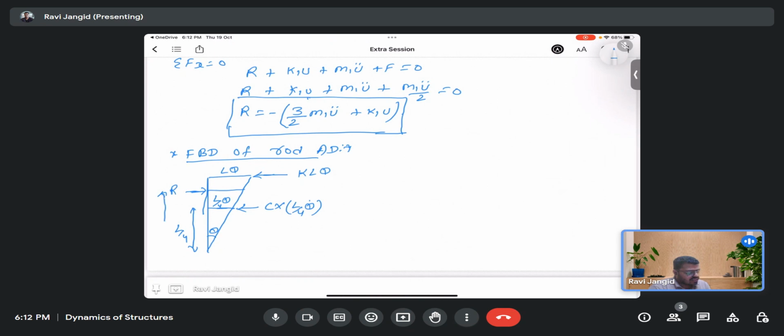Don't go with the scaling, go only with the nomenclature. The deflection is l by 2 times theta, so that force is applied as R times l by 2 times theta. Are there any other forces which will be applied? Anyone?